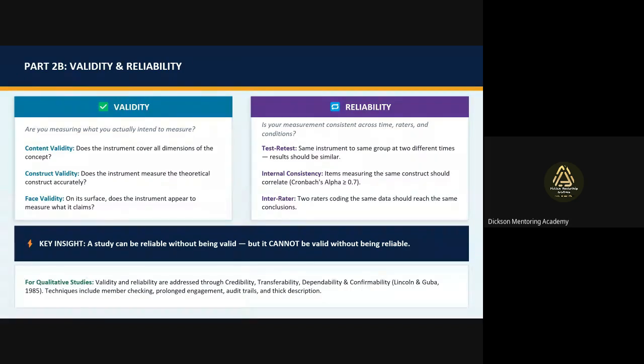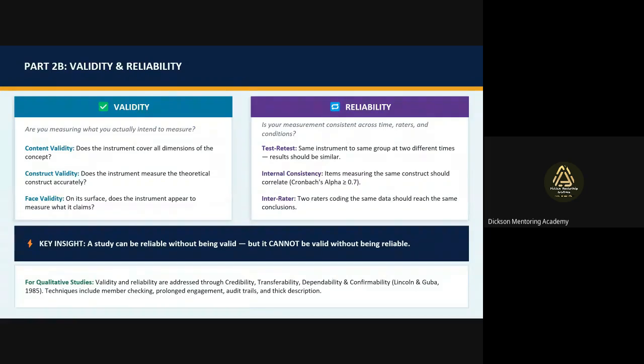Internal consistency: items measure the same concept. Items measuring the same construct should correlate, with a Cronbach alpha greater than or equal to 0.7. Inter-rater reliability: different observers agree. That is, two raters coding the same data should reach the same conclusion.